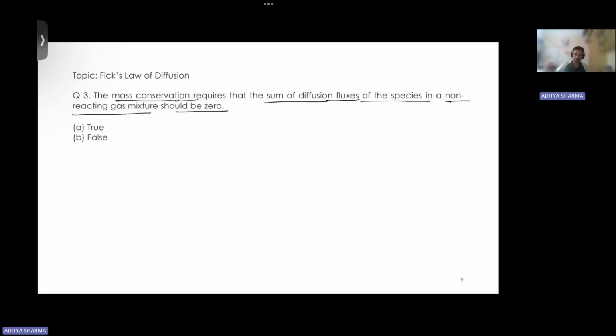Then it says that the sum of diffusional fluxes. We know that the sum of diffusional fluxes for the species which are taking part in diffusion in a non-reacting gas mixture is zero. So this is a correct statement. Option A is correct.